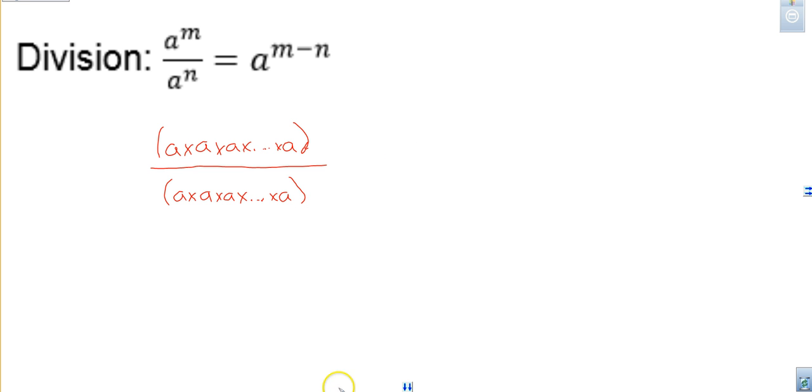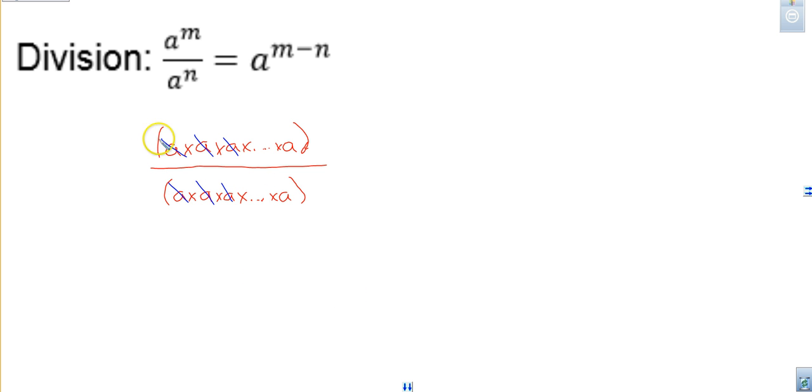So what happens here? Now remember with division, because everything is multiplying in the numerator and the denominator, this a will cancel out with that a, and it divides to 1. This a will cancel out with this a, and so on and so on. So we can just keep pairing up these a's and dividing them.